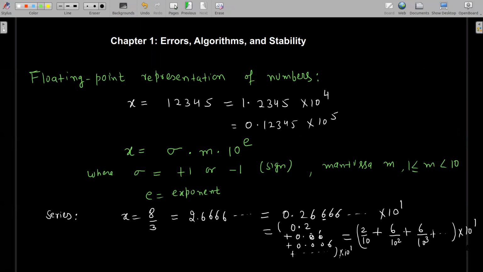So now we come to the general representation. Some numbers are whole numbers, like 234. When you give this as input to a computer, the computer will take it as it is, 234.